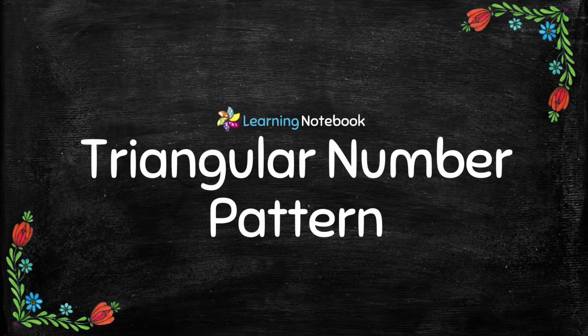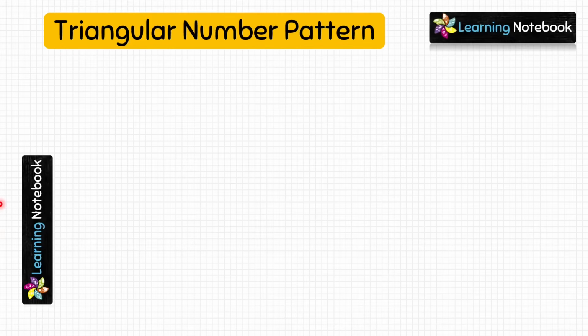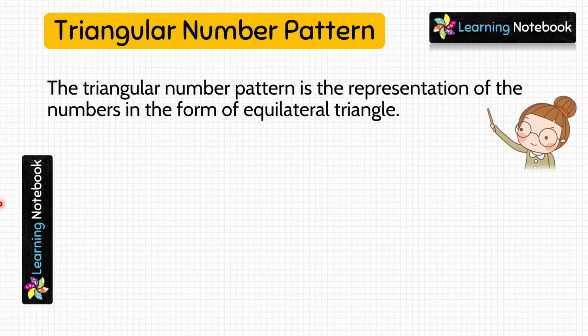Now let's understand triangular number pattern. The triangular number pattern is the representation of the numbers in the form of an equilateral triangle. Students, let's do an activity to understand triangular number pattern using bindis. So first, paste one bindi.